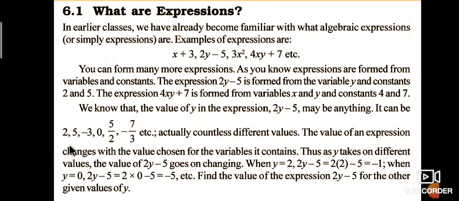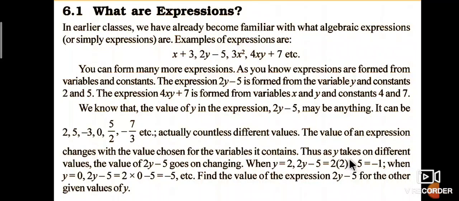It can be 2, or minus 3, 0, or pi by 2, minus 7 by 2, etc. Actually, countless different values. The value of an expression changes with the value chosen for the variables it contains.